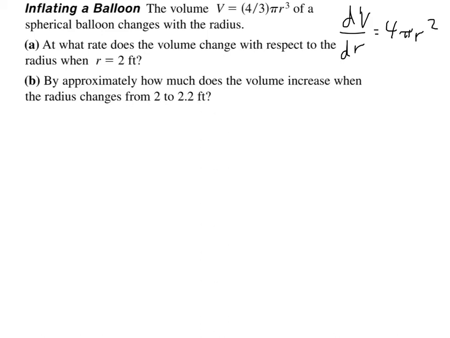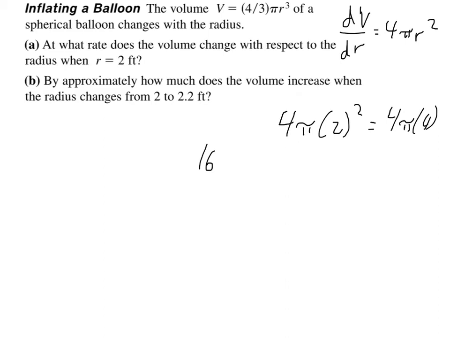So then we just plug in for r 2, so 4 pi times 2 squared equals 4 pi times 4, which is 16. Now, we got to think about units here.